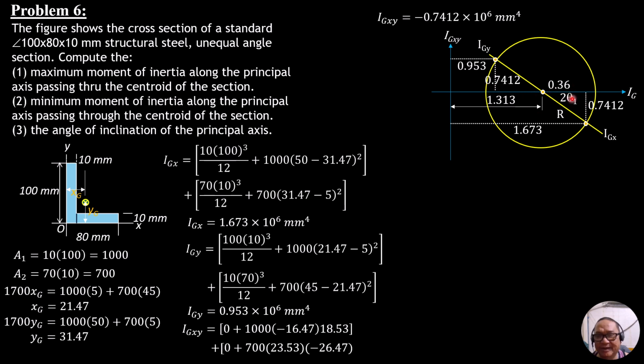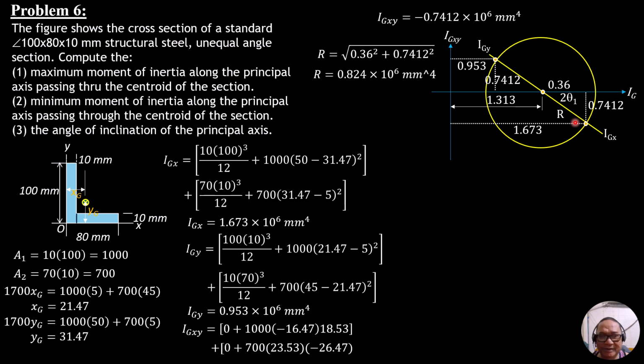That's 2 theta 1 because this is the principal axis. So we denote that by principal axis 1. And this is the radius. So radius is square root of 0.36 square plus 0.7412 square. The radius is therefore 0.824 times 10 to the 6 mm to the fourth.